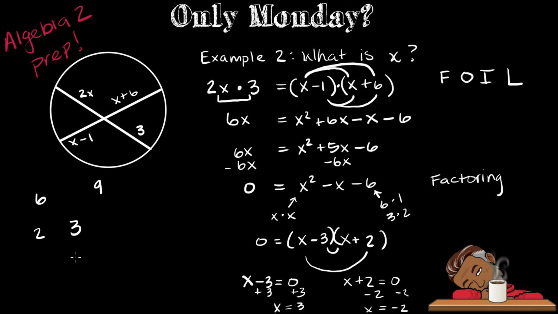Now I'm going to check with the negative 2. So I take the negative 2 and I put it in there, and I get a negative 4, and right away I'm going to stop. The moment I get something that doesn't make sense, this segment is equal to negative 4 length, it makes no sense, which means it's not an answer. So we're going to take this one right here and cancel it out. Our only solution is x equals 3.